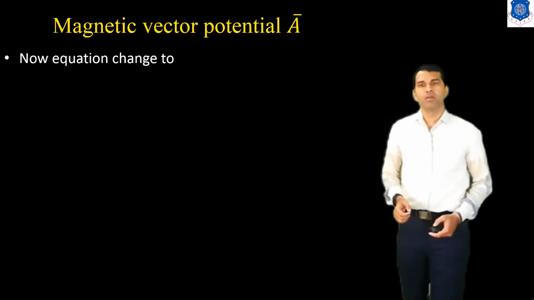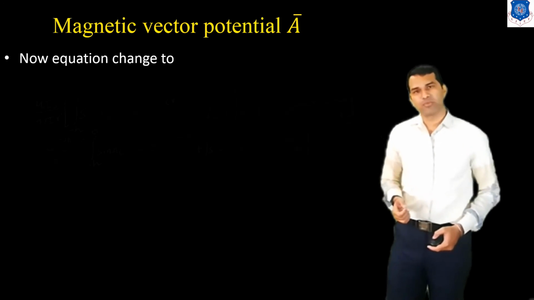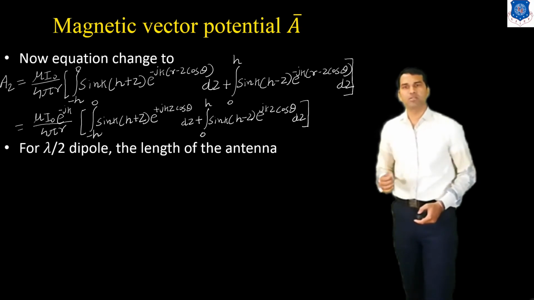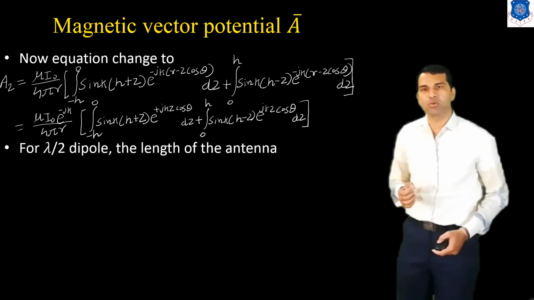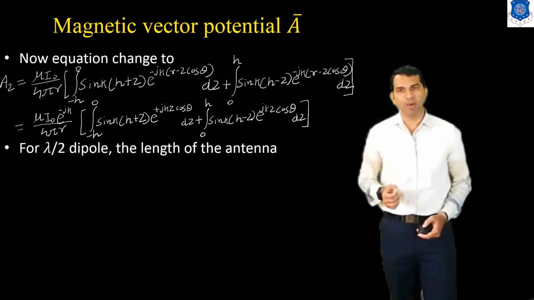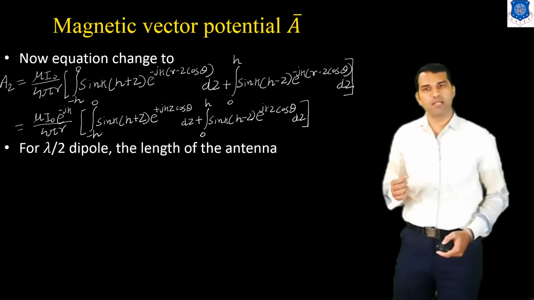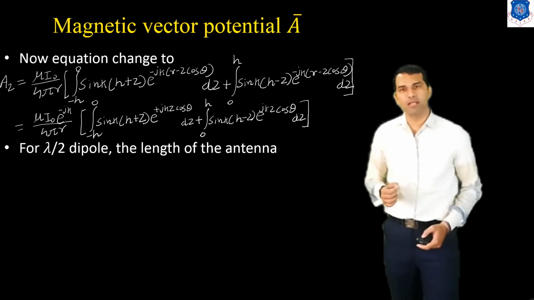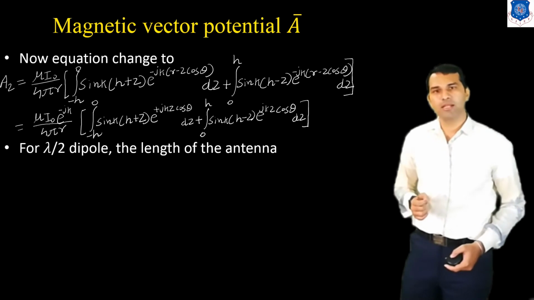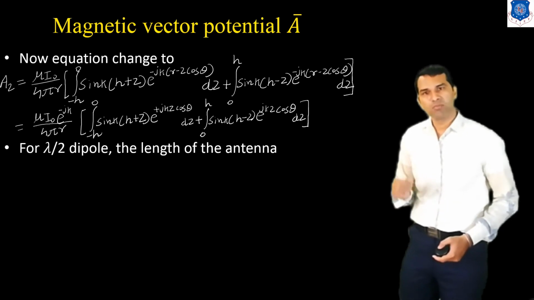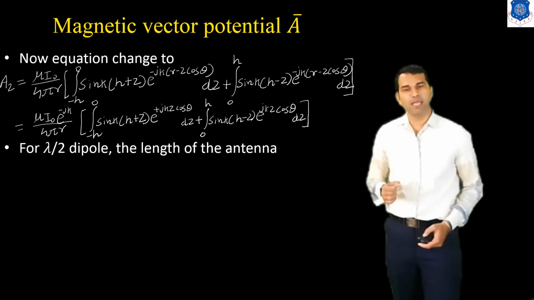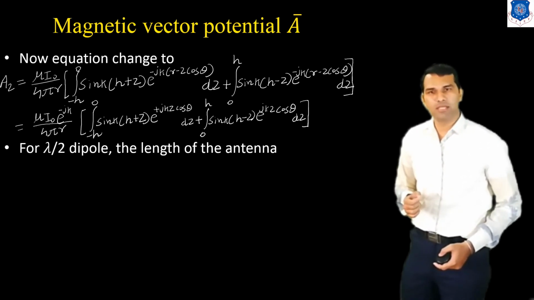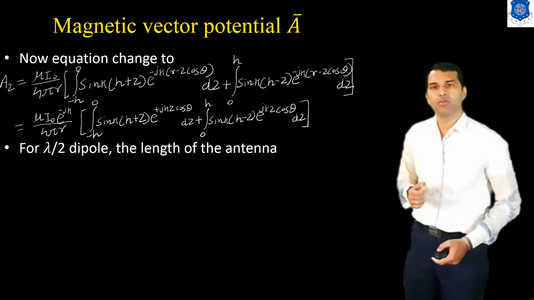Now, putting this assumption in the equation, we get Az equals mu I0 over 4 pi r times the integral from minus h to 0 of sin k(h plus z) e raised to minus jk(r minus z cos theta) dz, plus the integral from 0 to h of sin k(h minus z) e raised to minus jk(r minus z cos theta) dz.